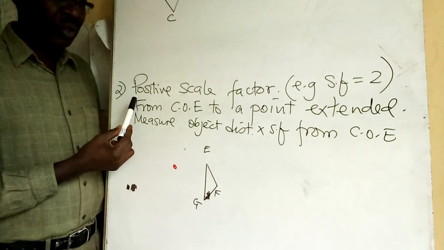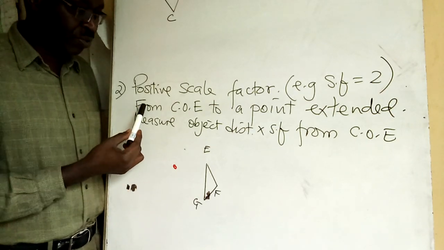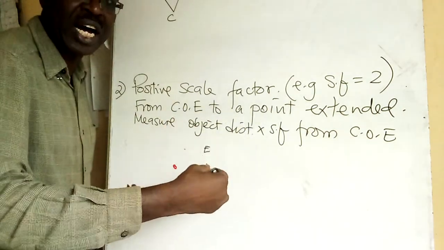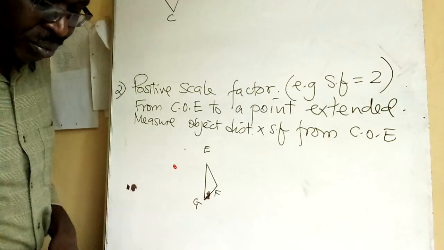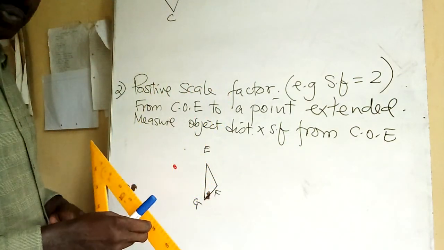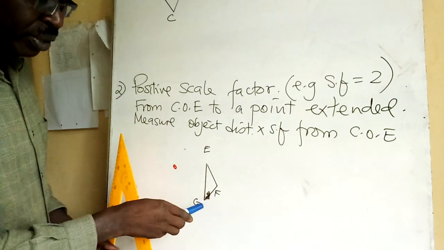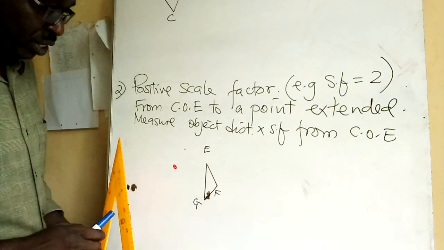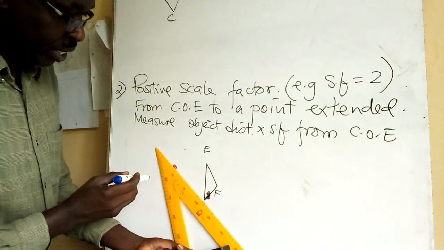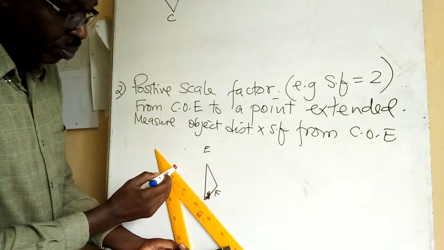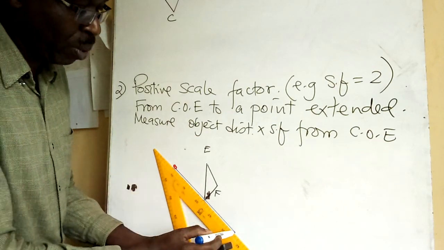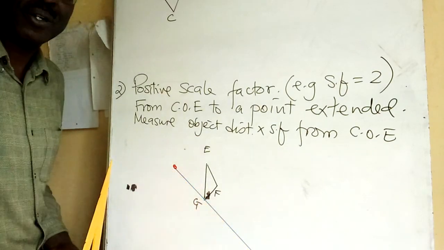One, we draw lines from the center of enlargement to a given point and then we extend. So what do I mean here? Look at this example. Let me take point G. I'm moving from the center of enlargement to a point and extend.